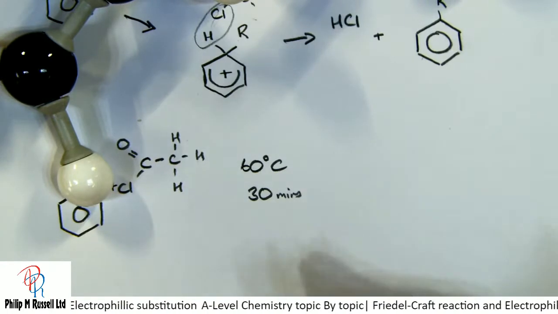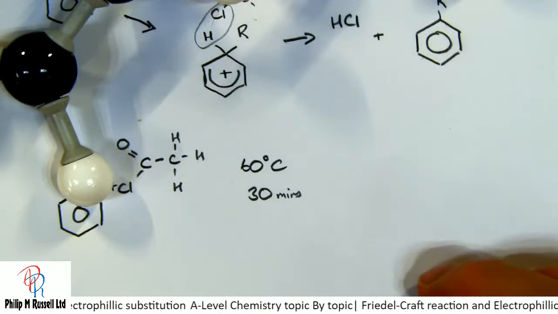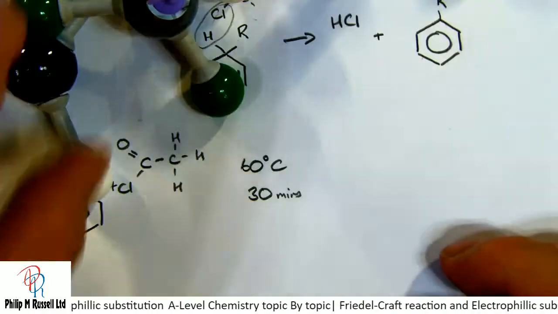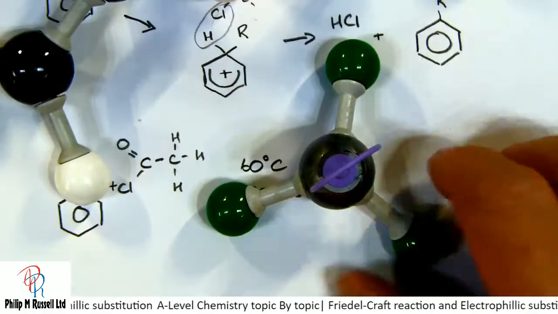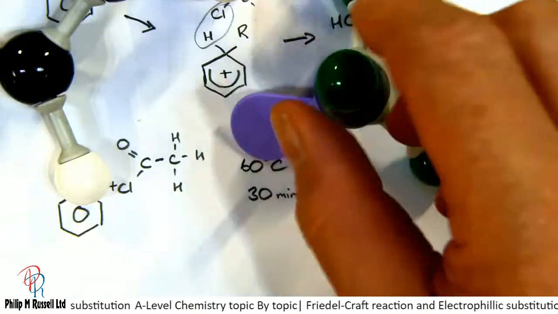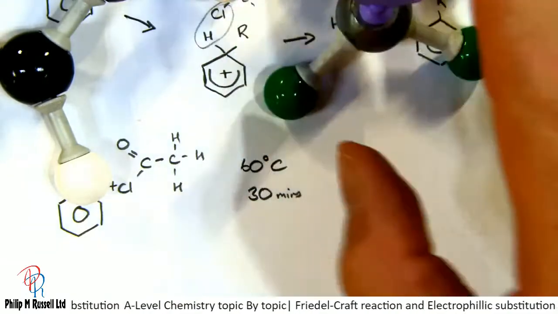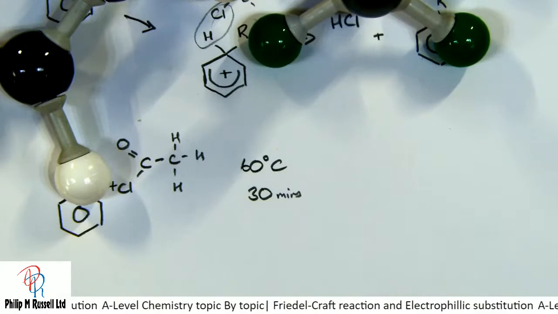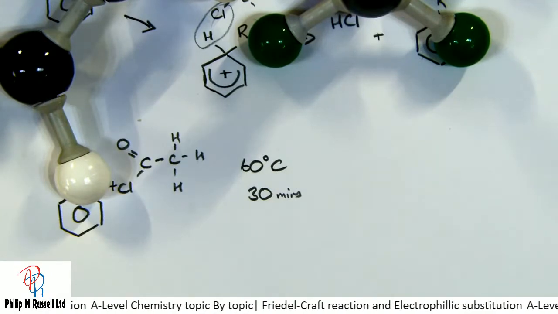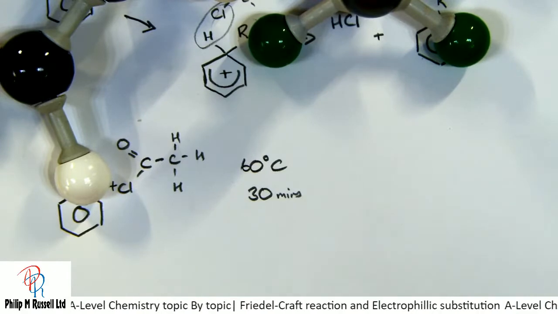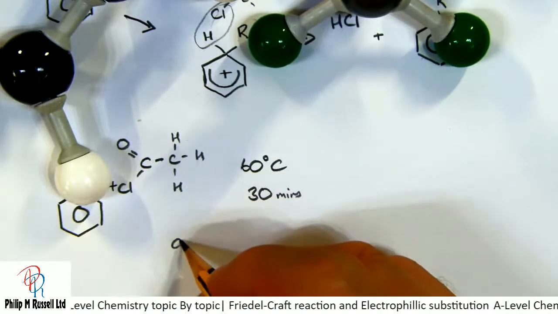We need to try and help this along though with a catalyst, and along comes our favourite Friedel-Crafts catalyst. This time it could be something like aluminium chloride, and we get a reaction. Now this has got to be anhydrous.